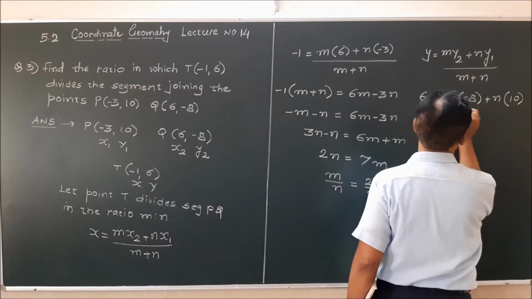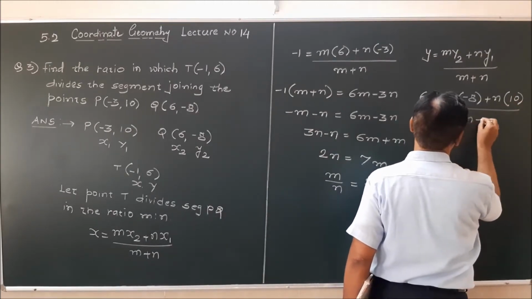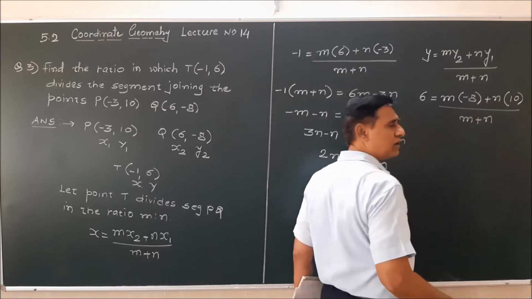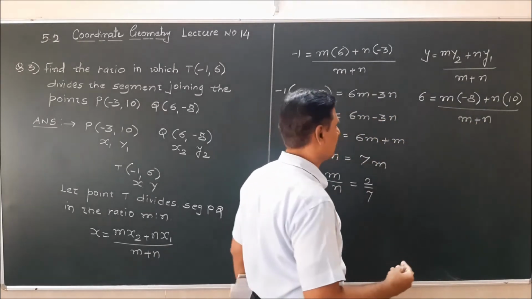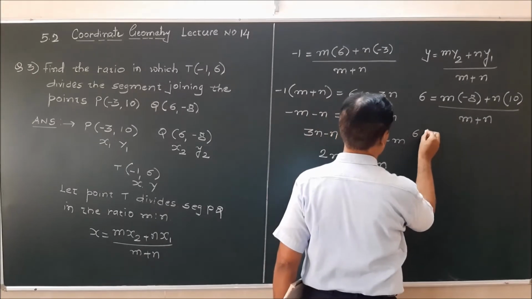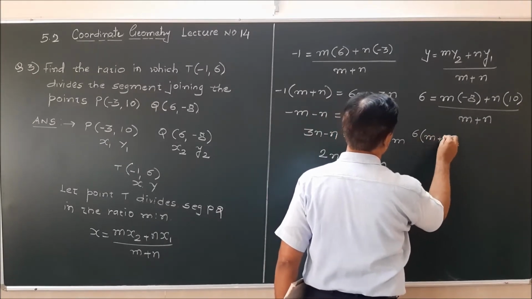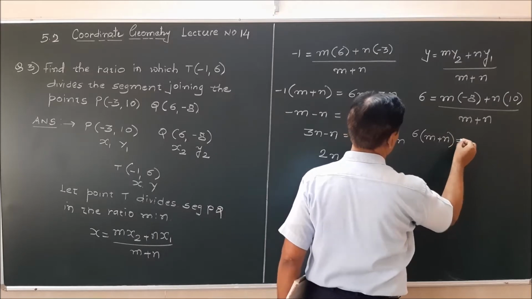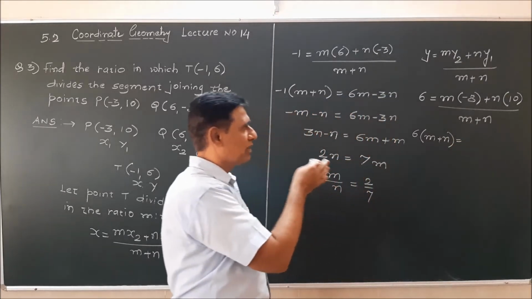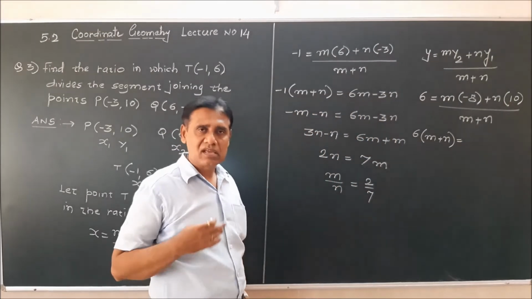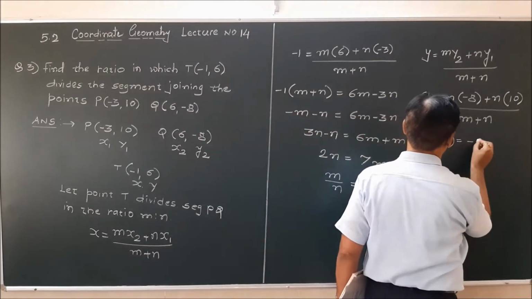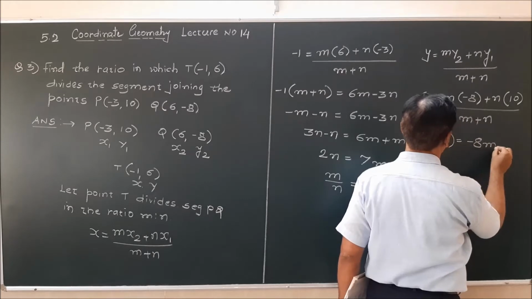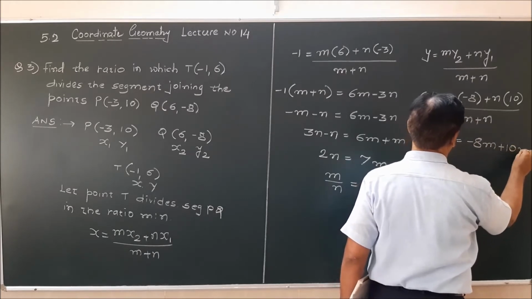Divided by same n plus n. Now this time also, what I'll do, I'll transfer n plus n on left hand side. So 6 into bracket n plus n, that is equal to 6 into bracket m plus n is equal to minus 8n plus 10n.